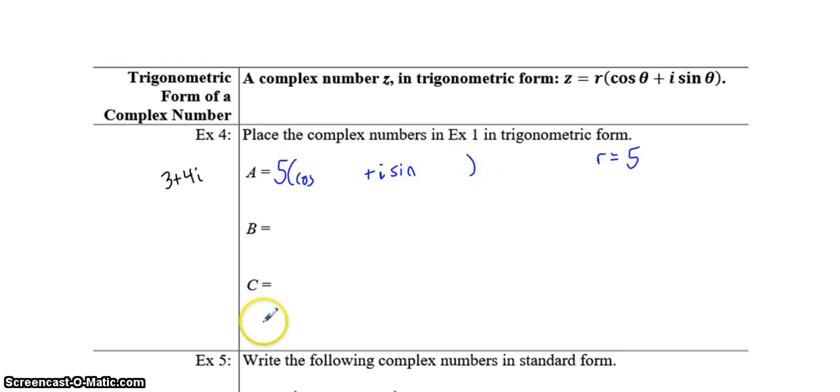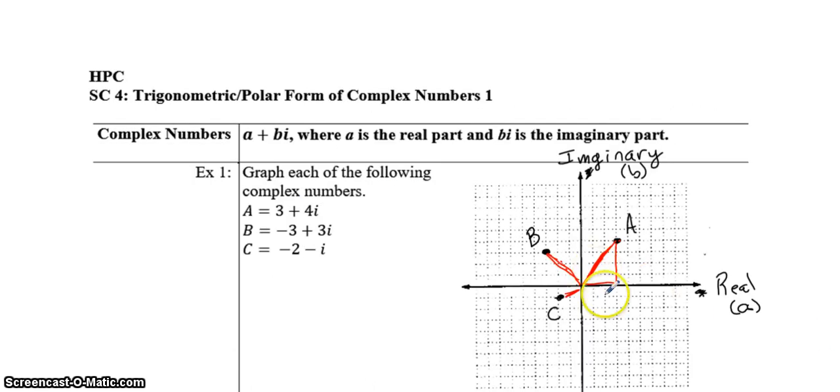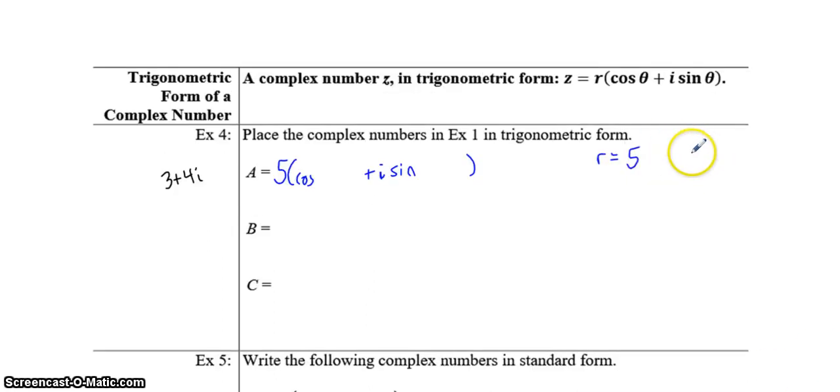Now, what was that angle? So again, go back to the picture here. This was 3. This is 4. What's that angle right there? How do we get it? So theta is inverse tangent of 4 over 3.